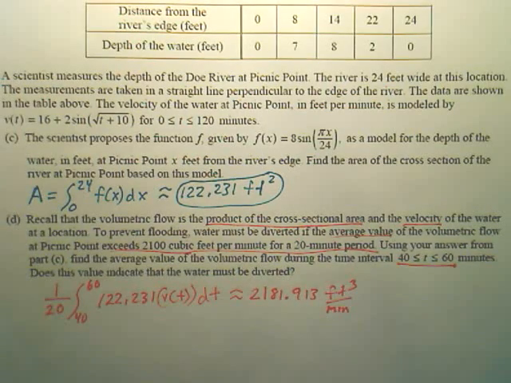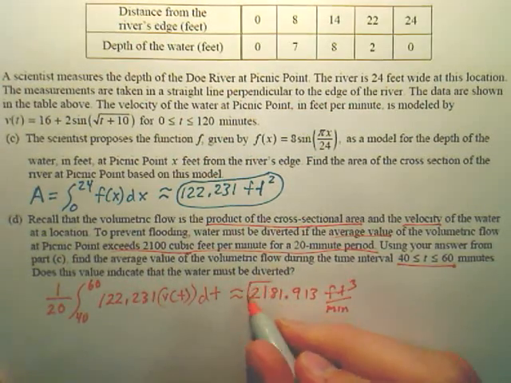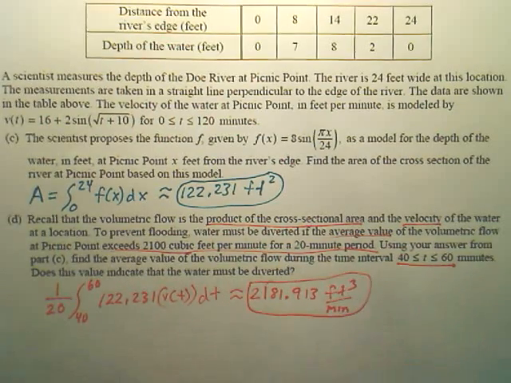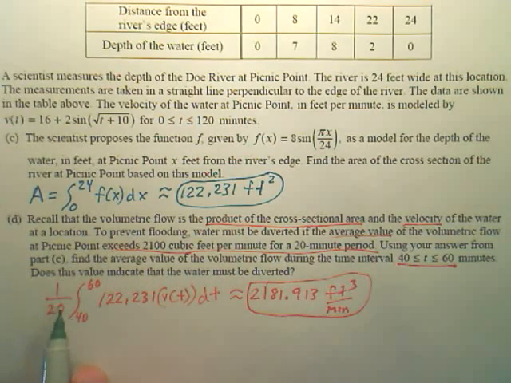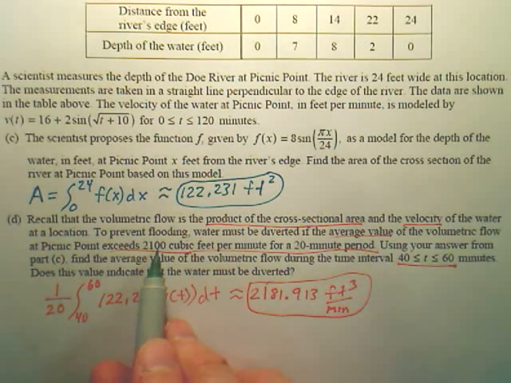And when I got that, I go, oh, okay, there's my answer. That's how much it is. Find the average flow. I got my average flow. My second part of the question: do I have to divert? Over the average for the 20-minute period, is this larger than what it can handle? So do you have to divert?